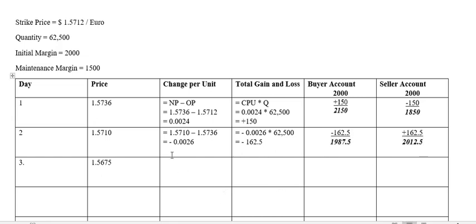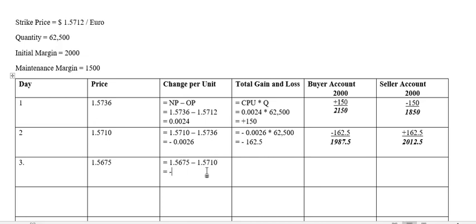Then let's go for the third day adjustment, but before that we're going to see whether the remaining balances in both the buyer's and seller's accounts are above the maintenance margin. It is meeting the criteria of maintenance margin, so there is no maintenance issue here. So we are good to go to the third day. In the third day, our new price is 1.5675 minus the old price, the second day 1.5710.